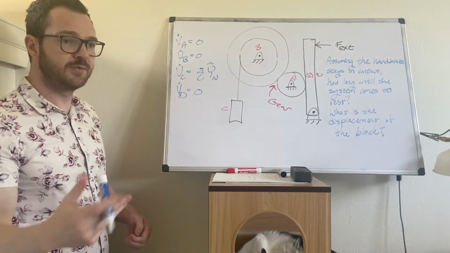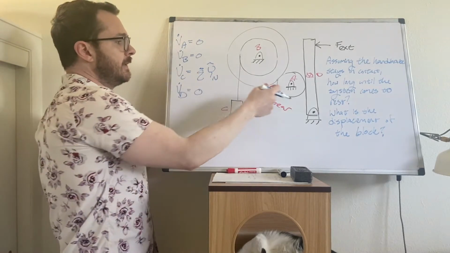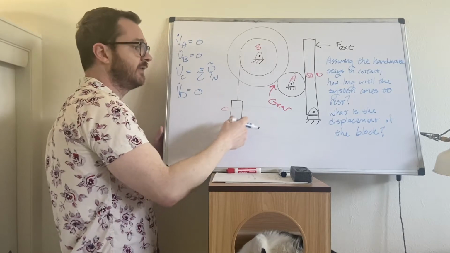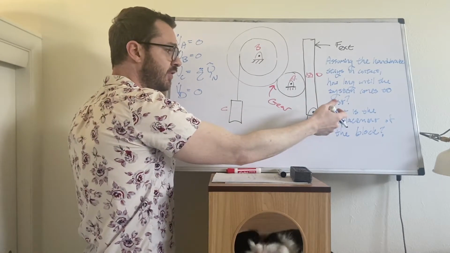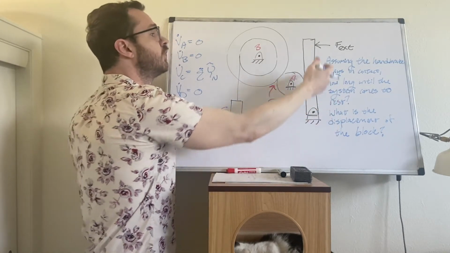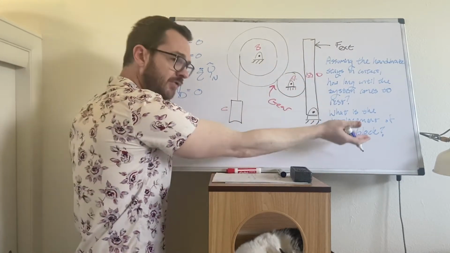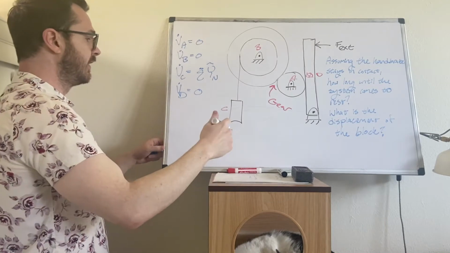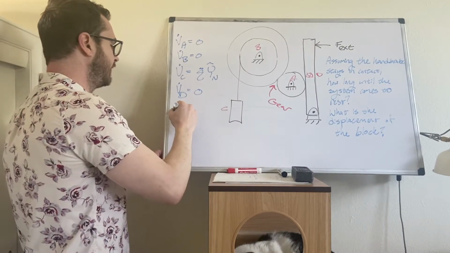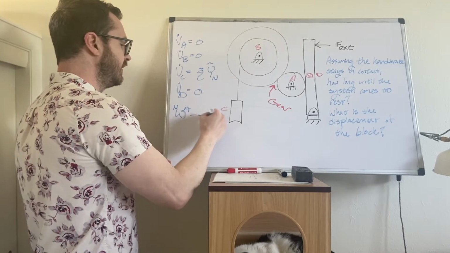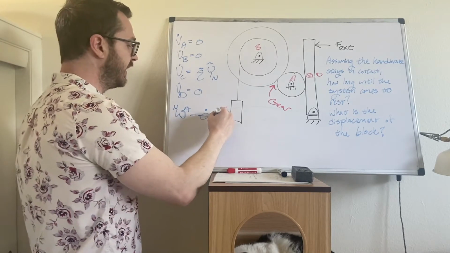Next, let's do angular. Well, body A rotates and body B rotates, body C does not. And again, even though the handbrake we're modeling as a pendulum, we're assuming it stays in contact, which means it can't rotate. If it rotates, then it's no longer in contact. Therefore, let's say that omega NA is theta 1 dot ZA.